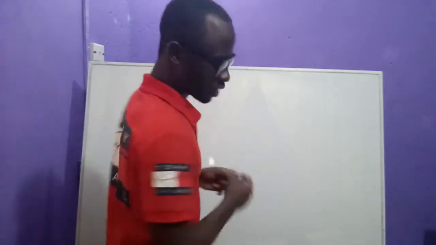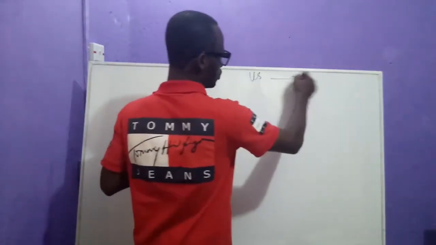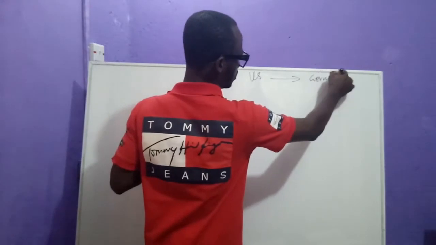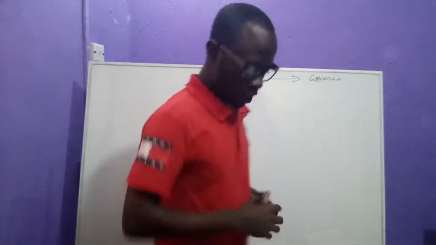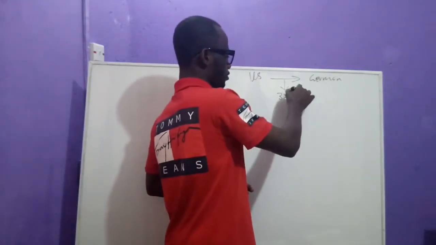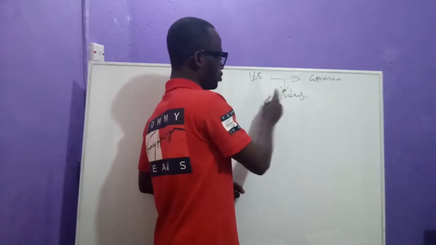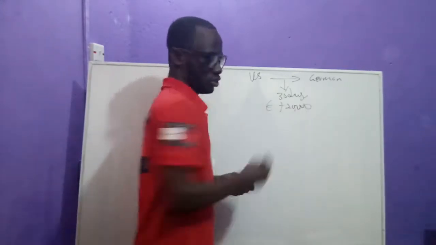A U.S. company buys goods from a German company, it is payable in 30 days, and the value of the goods is 720,000 euros.